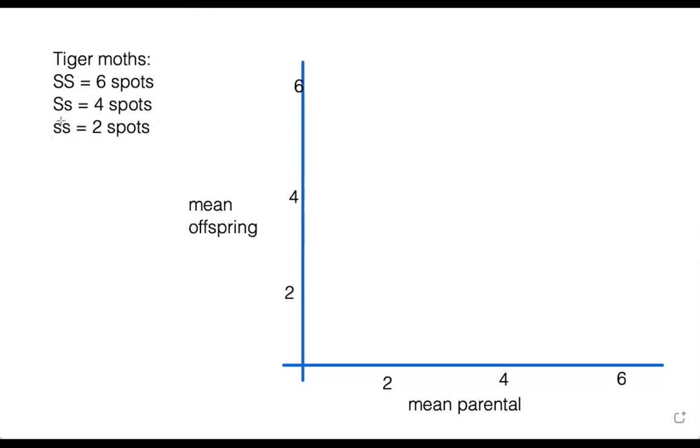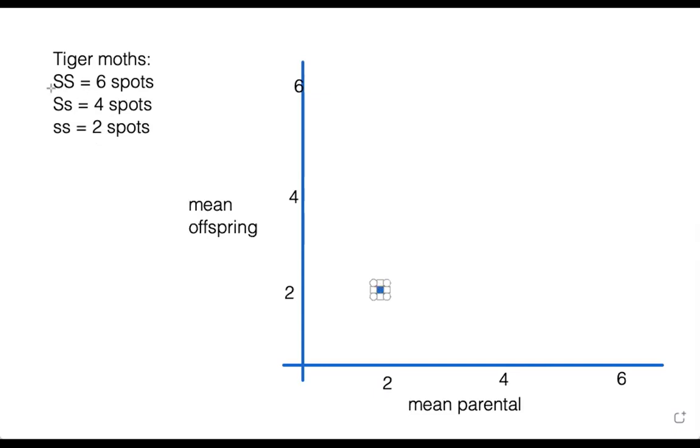All of the offspring are also going to have 2 spots per wing. So we can put a dot right there. If we cross two little s parents, their mean phenotype is 2 spots, and all of the offspring will also have 2 spots each. So the mean parental phenotype is 2, and the mean offspring phenotype is also 2.